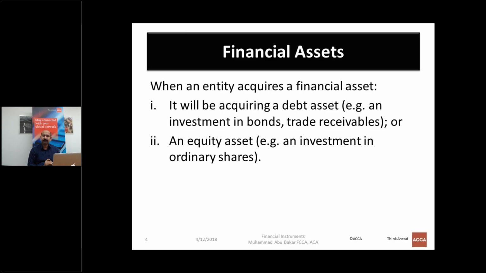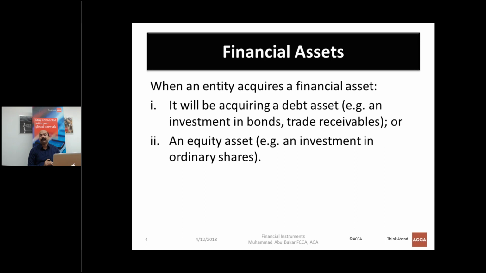But this financial asset can be termed as debt asset. Other examples are investment in bonds. Your trade receivable is basically the debt of the other party. So that's why these financial asset can be termed as debt asset.